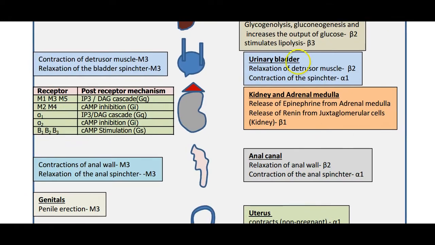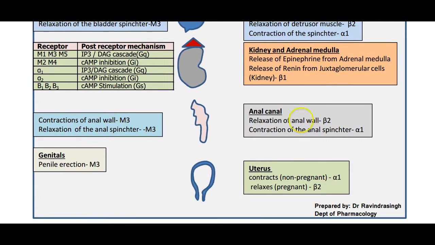And in the detrusor muscle, it causes relaxation of the detrusor muscle, and same way in anal wall, it causes relaxation of the anal wall. And not only that, the final smooth muscle is in the uterus. In the uterus, it causes relaxation of the pregnant uterus.